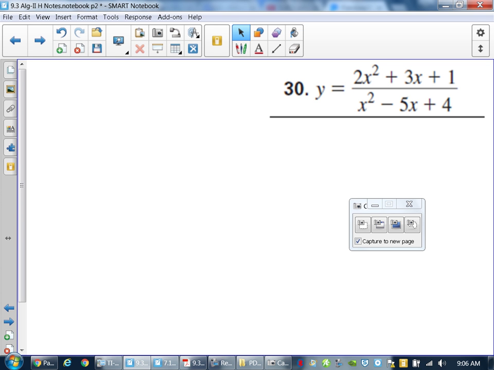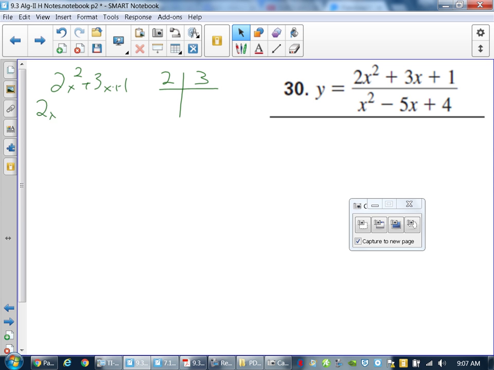Anyway, back to this stuff. Again, you'll see how you've got an m equals n, so you're going to have the horizontal asymptote at 2. We know that right away because the powers are the same. But let's find our zeros for the numerator. 2x squared plus 3x plus 1. So what times what's 2 you add together to get 3? 2 and 1. Convenient.